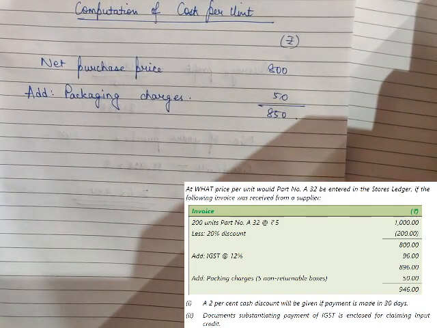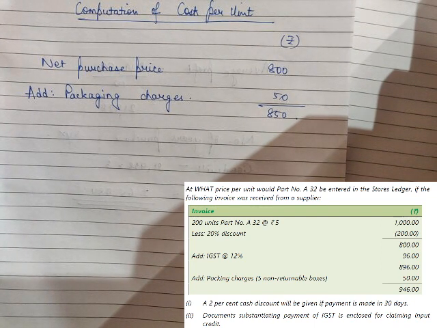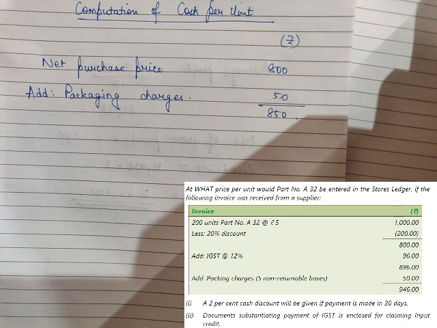Next, we have a 2% cash discount will be given if payment is made in 30 days. Now, we had discussed in our last video that cash discount is not directly attributable to the purchase. It is a form of finance charges. It is extended by the supplier so that he can get the cash immediately. It is not exactly related to the purchase process. Therefore, it is not adjusted from the purchase price.